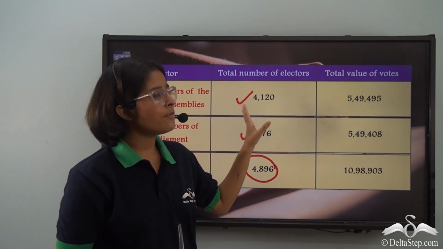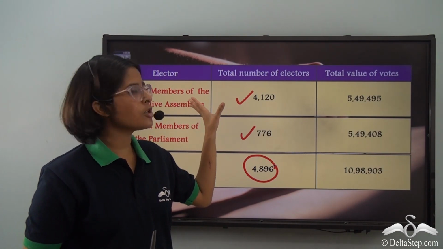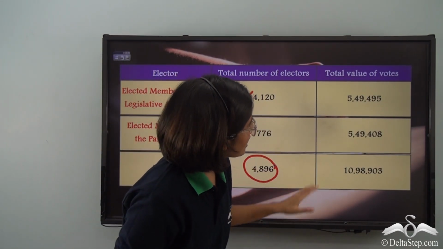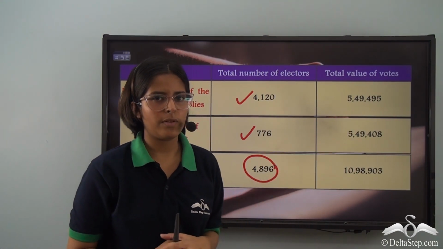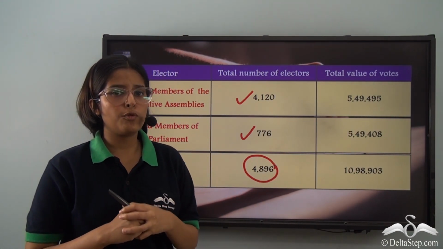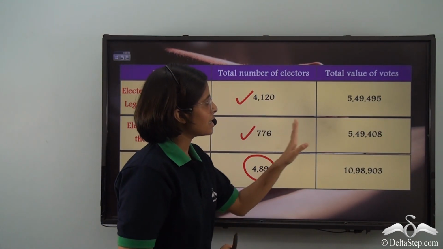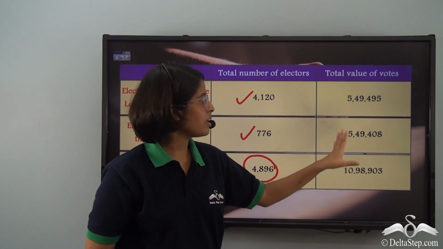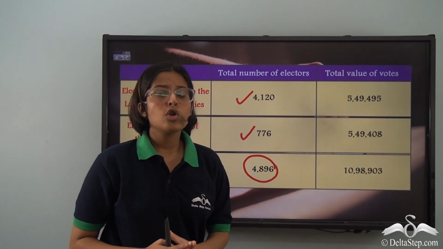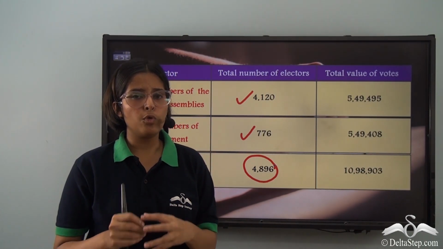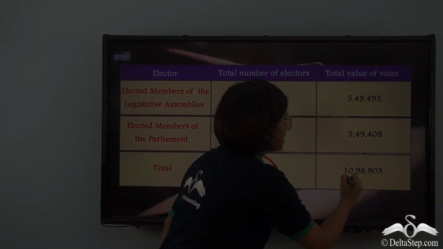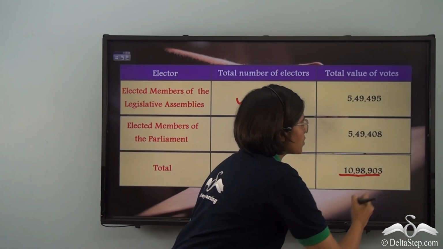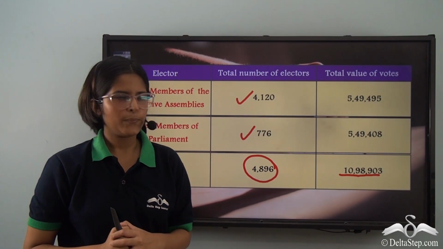And the combined value of votes of all the members of legislative assemblies is 5,49,495. And the total value of votes of all MPs is 5,49,408. So the combined value of votes of all the electors in the presidential election is 10,98,903.